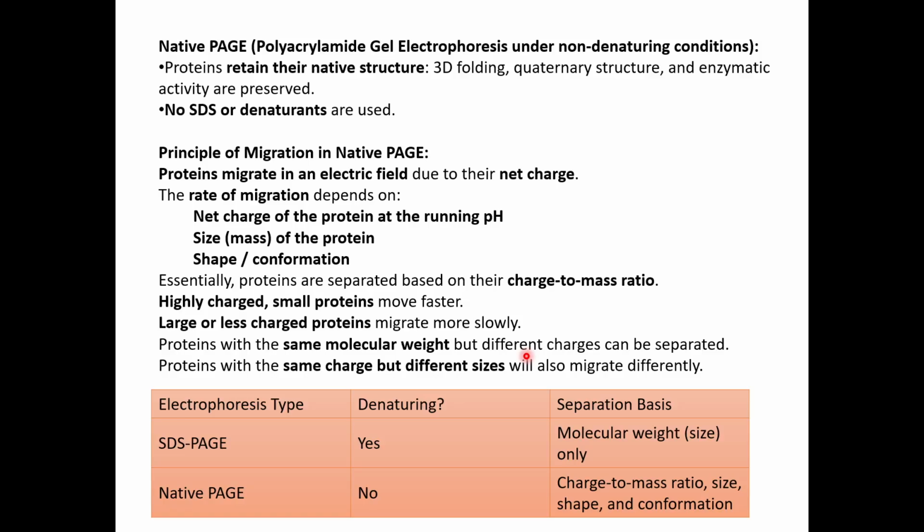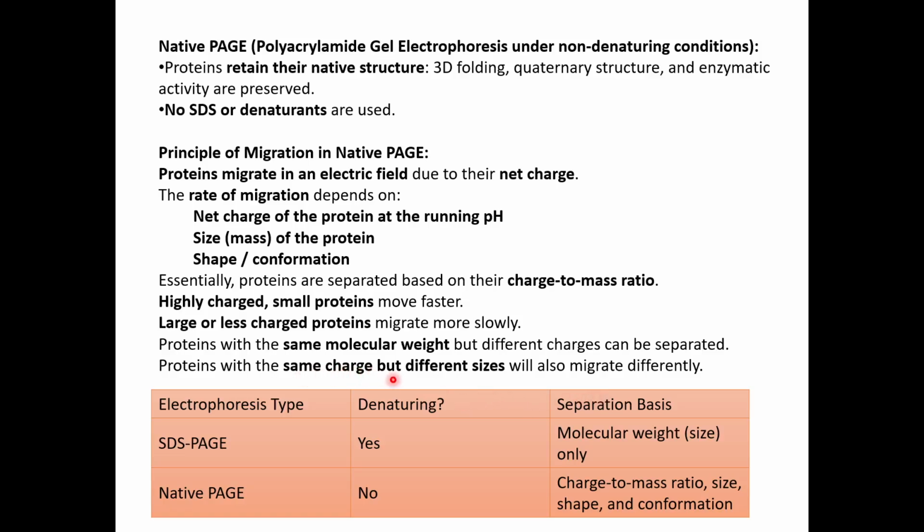In SDS PAGE, this is not possible because the charges will be constant and it's only molecular weight. So if the proteins are of the same exact molecular weight, you cannot resolve them into different areas on the membrane. But in case of native PAGE, because they have charge difference as well, their migration will be slightly varying.